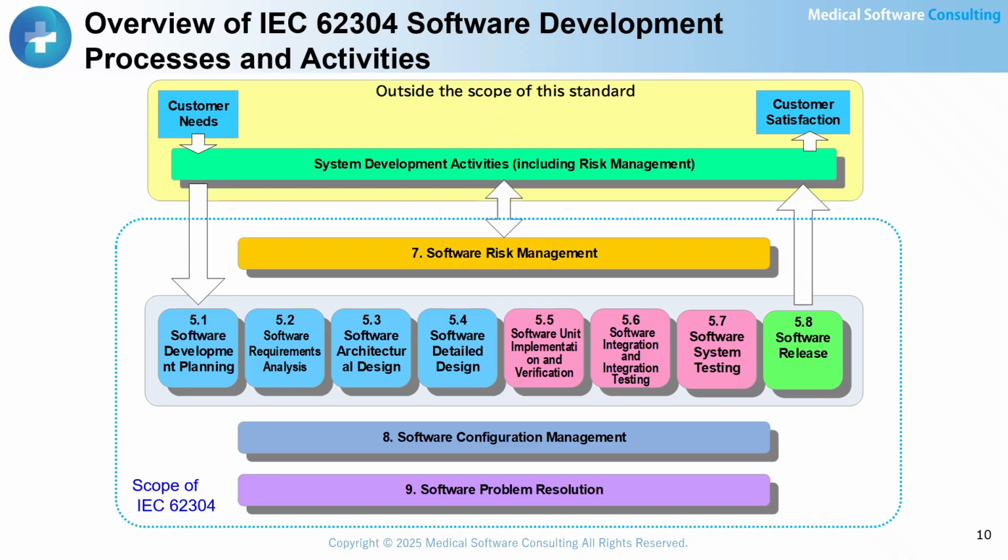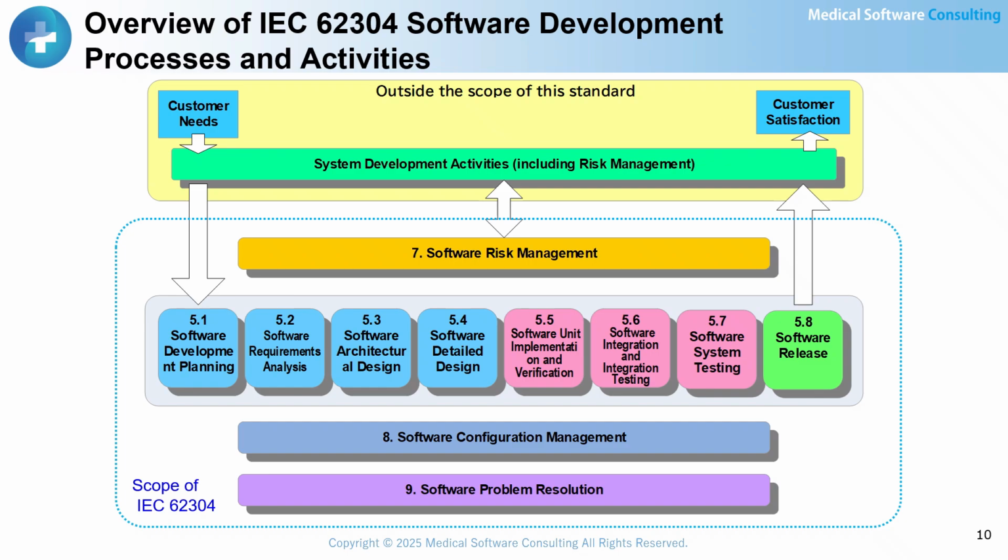We start with Clause 5.1, Software Development Planning, followed by 5.2, Software Requirements Analysis. Then we proceed to 5.3, Software Architectural Design, and 5.4, Software Detailed Design. Next, we move to 5.5, Software Unit Implementation and Verification, then 5.6, Software Integration and Integration Testing.